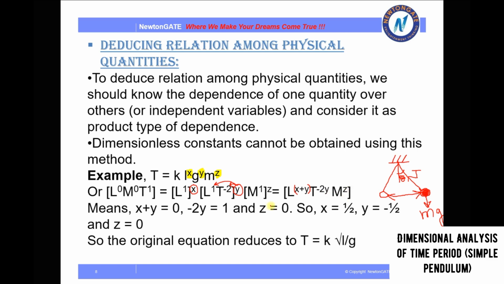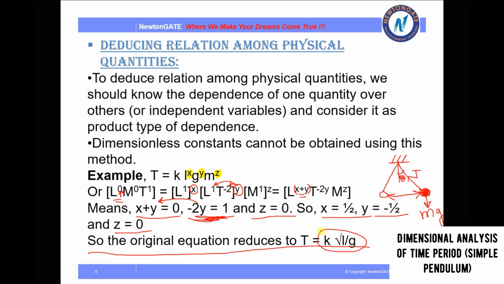Now the dimension of small l is capital L, the dimension of small g is LT minus 2, it is acceleration, and mass is capital M, and we write the powers x, y and z after the brackets. So here the fundamental terms M, L, T are raised to some variable powers.